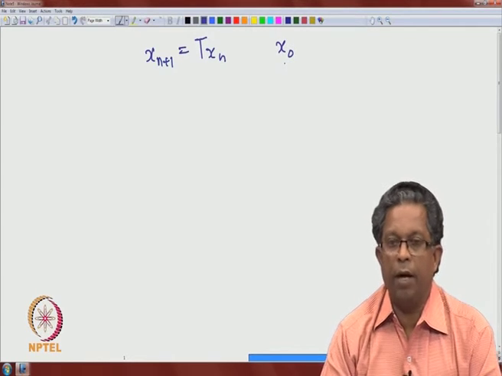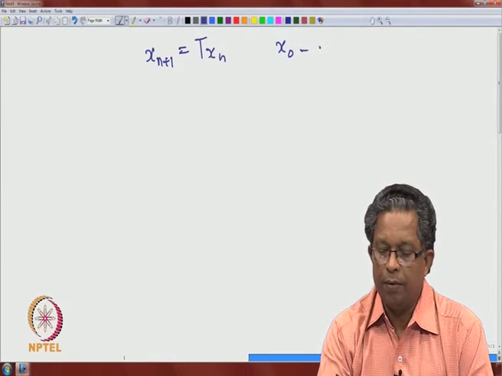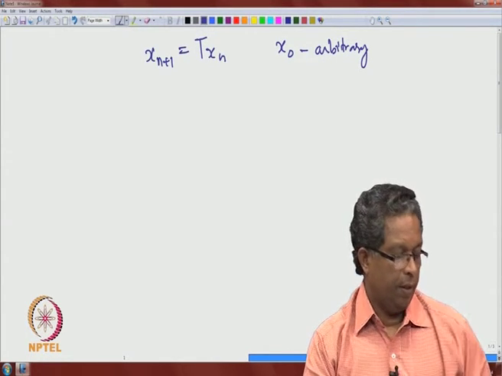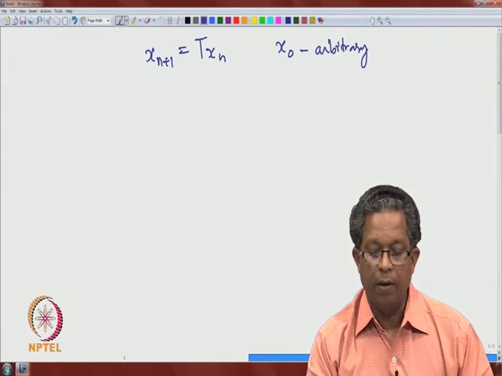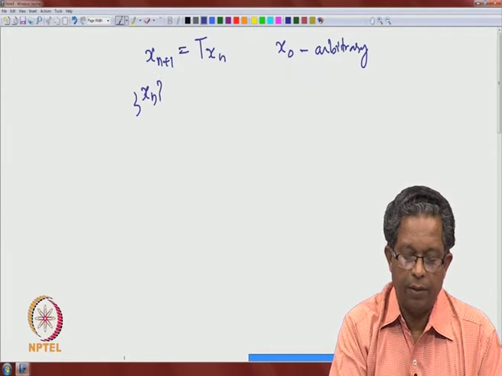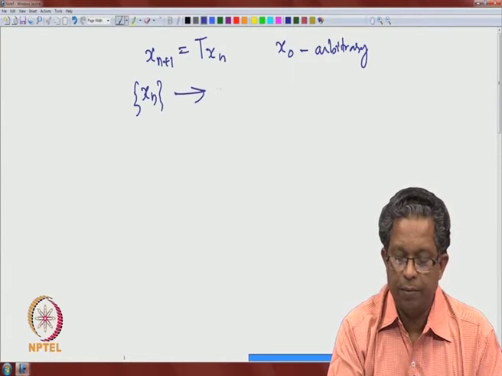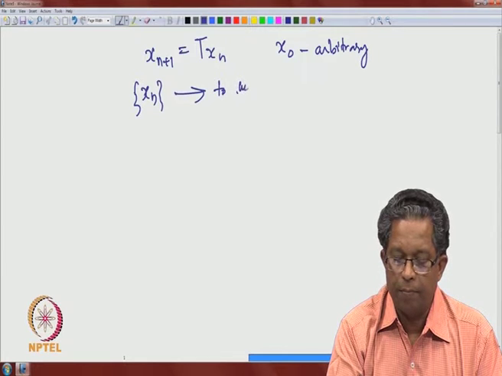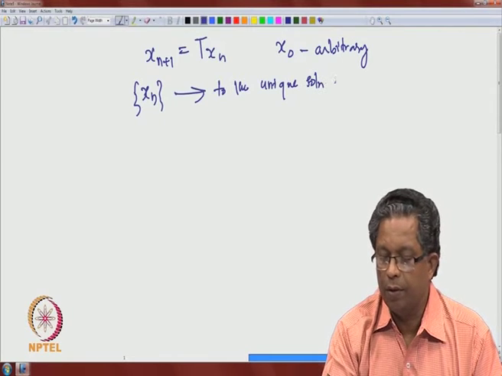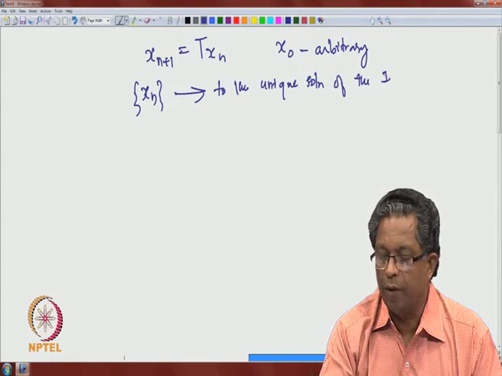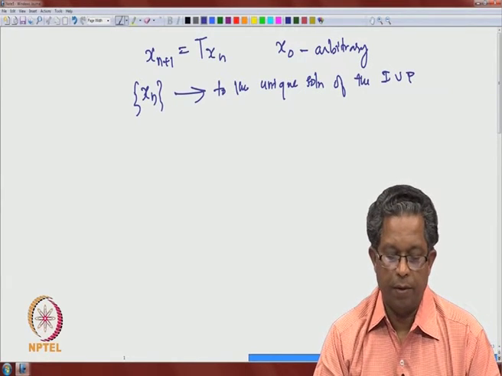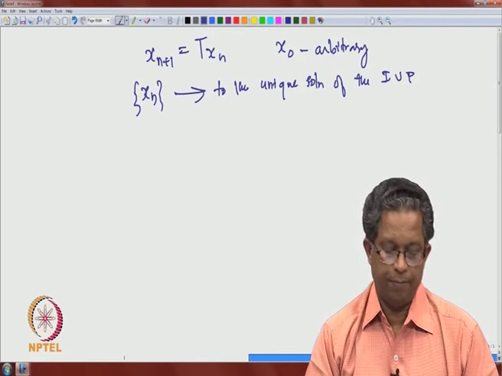So, starting from any arbitrary x 0, that gives us a sequence x n that converges to the unique solution of the initial value problem, or converges to the unique fixed point.